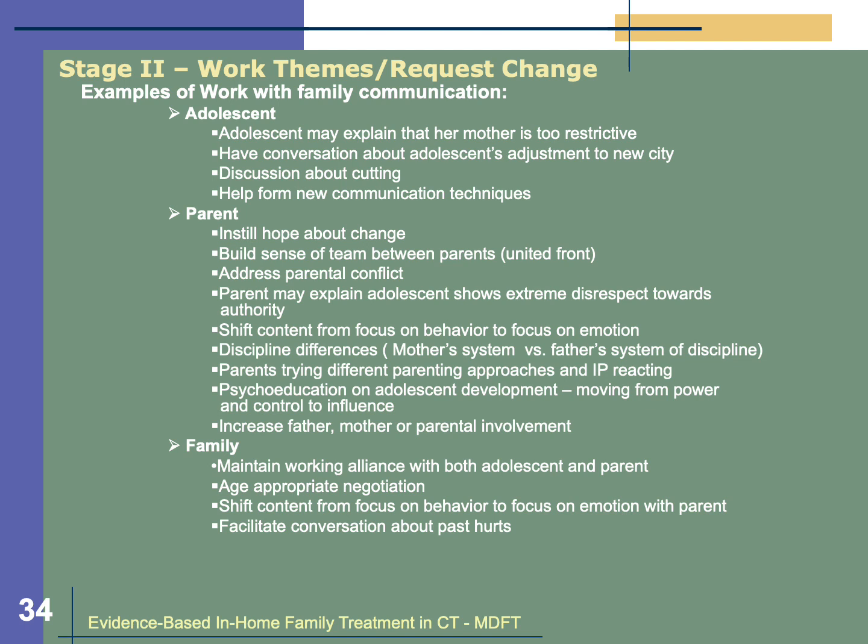But then we go back to the family, and we make sure that now, since we have the caregivers working together, the adolescent and the parents are working together to address things. And so we encourage families to address what's called age-appropriate negotiation.